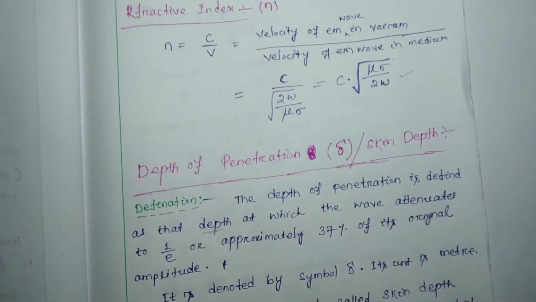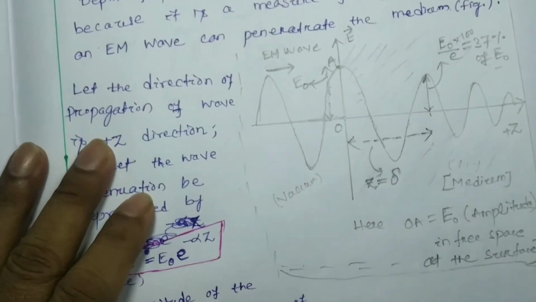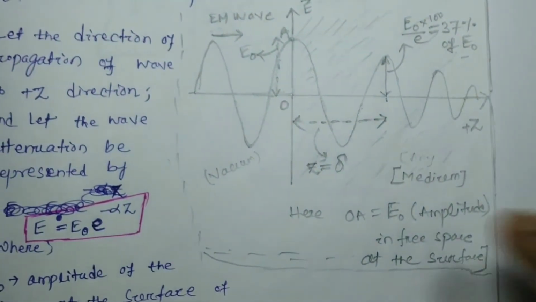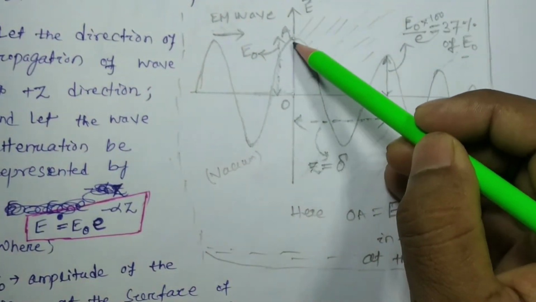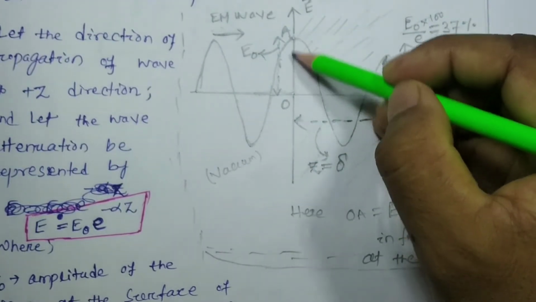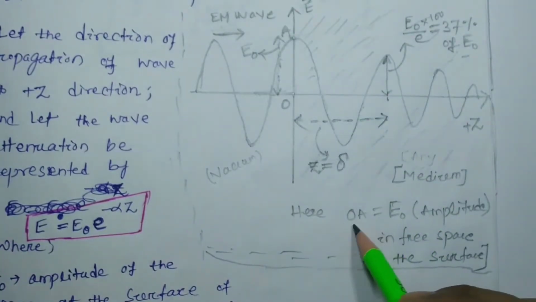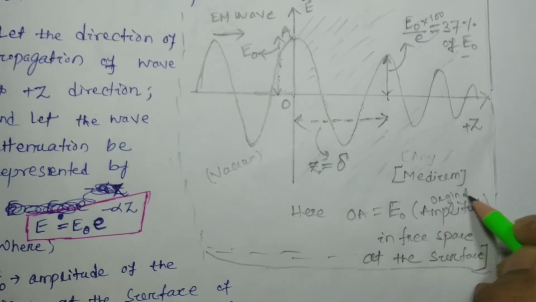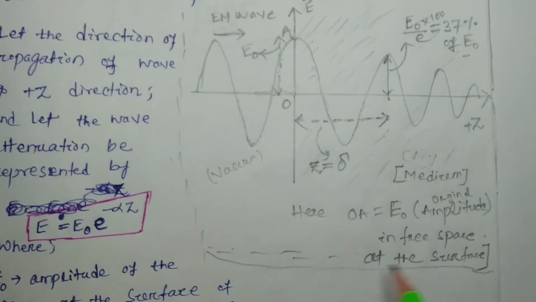Draw this figure carefully. I am going to zoom this one, and you can pause the video and draw the figure. This is the unattenuated wave interacting with the interface. Here the amplitude OA equals E0, the original amplitude in free space, at the surface.